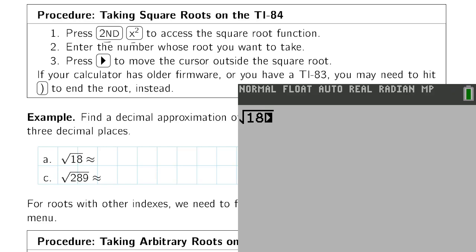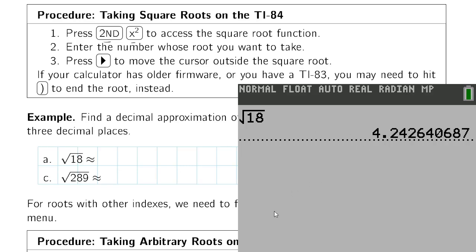I enter 18, and then I hit the right arrow to get the cursor outside the square root. Notice cursor inside the square root, cursor outside the square root. If I wanted to do any more arithmetic, I would need the cursor outside the square root at this point. But now I hit enter. That gives me a decimal.